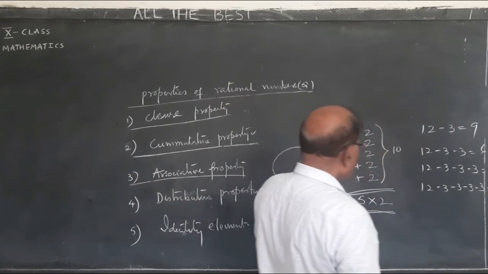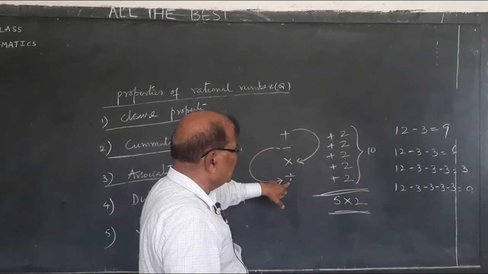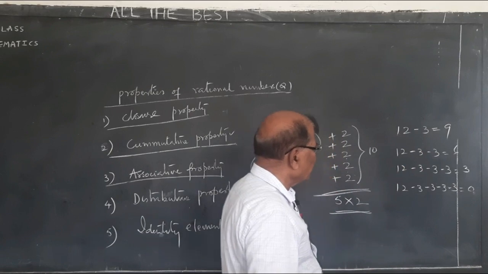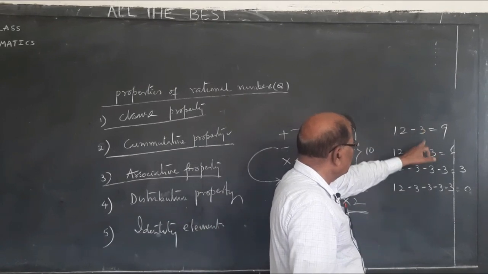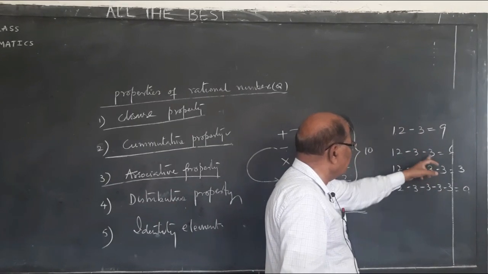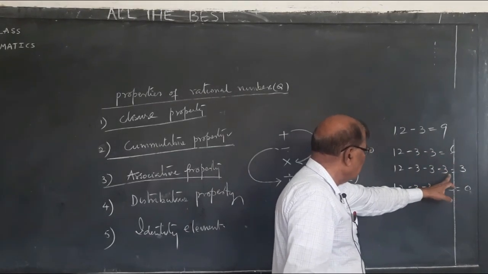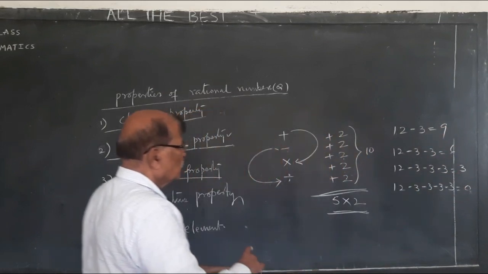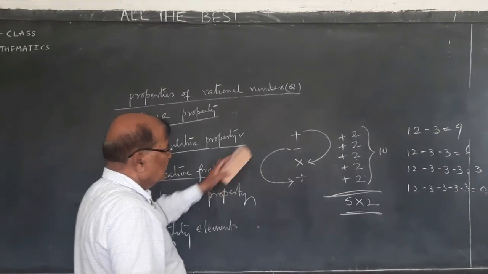So repeated subtraction is nothing but division. 12 divided by 3 is 4, and repeatedly we are getting the multiples of 3: 3, 6, 9.